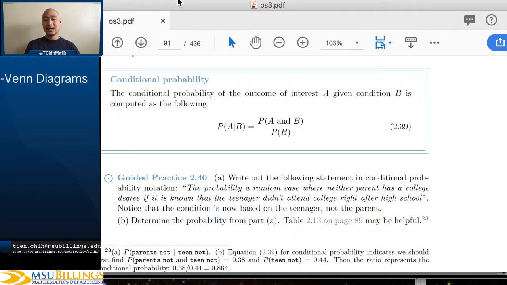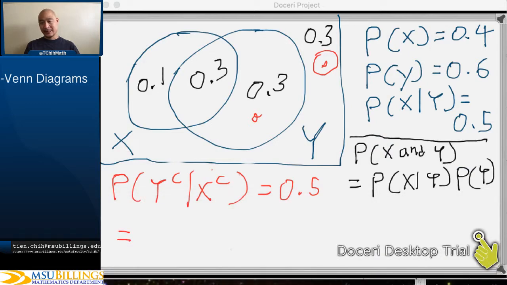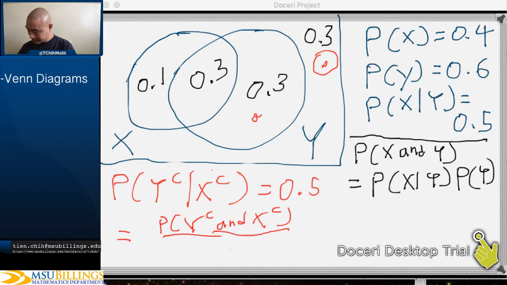We recall how to compute the conditional probability. It's the probability of both events occurring over the probability of the given event. So in this case, it would be the probability of Y complement and X complement over the probability of X complement.